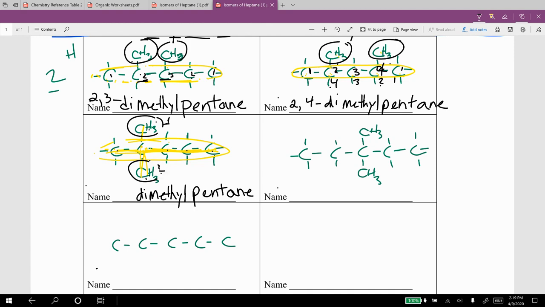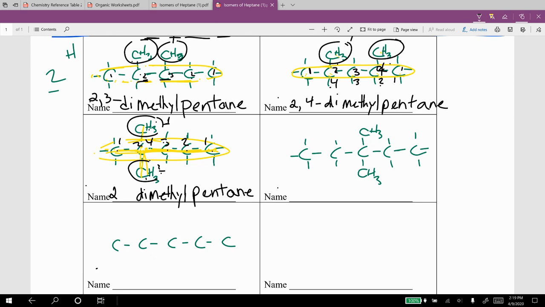So now I have to say where exactly on this chain are those 2 carbons. So it's either going to be carbon number 1, 2, or carbon number 1, 2, 3, 4. Well, I want to count the shortest direction, so that's going to be 2. Well, this is not 2-dimethyl pentane. I have to give a location for each of them.